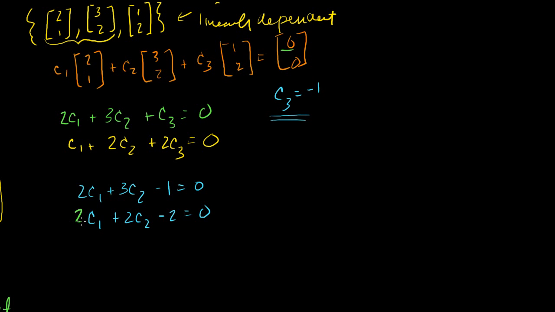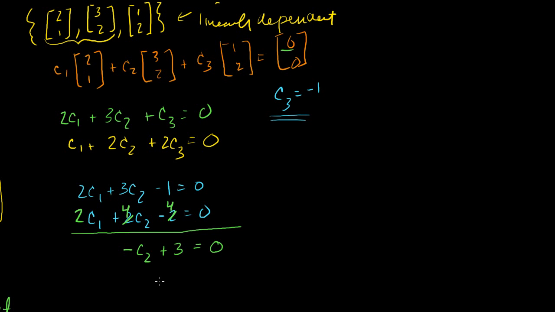I get 2c1 plus 4c2 minus 4 is equal to 0. And now let's subtract this equation from that equation. So the c1s cancel out. 3c2 minus 4c2 is minus c2. And then minus 1 minus minus 4. So that's minus 1 plus 4. That's plus 3 is equal to 0.